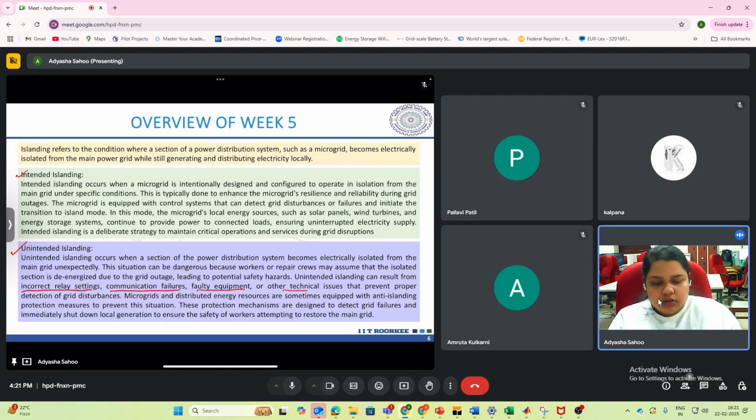That is how unintended islanding can take place. So detecting this islanding is important to avoid its ill effects. It is very important that you first get to know that islanding has taken place at some location.